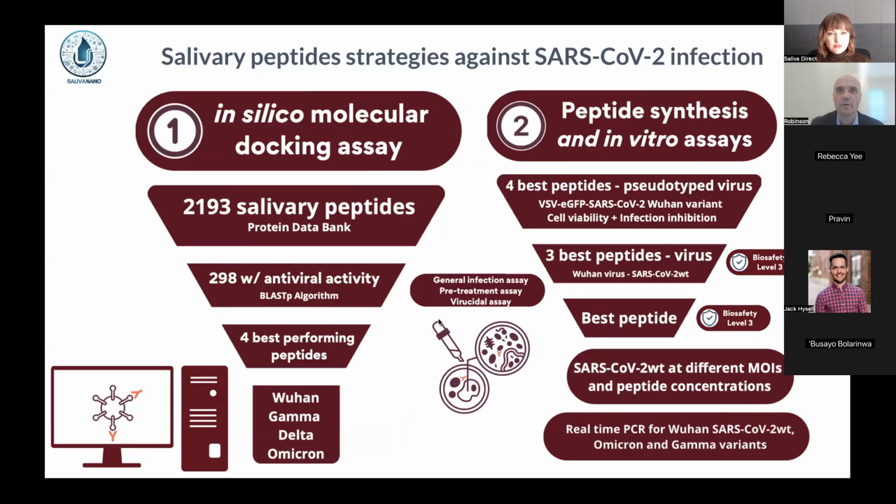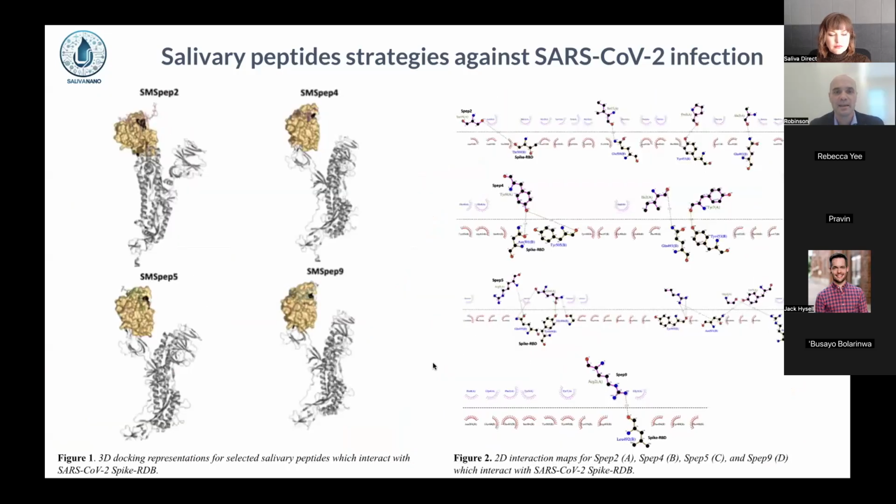We selected the 4 peptides with the highest binding energy, and their antiviral capacity was tested in BSL-3 labs against Wuhan, Gamma, and Omicron variants. Here we can see the 2D and 3D docking representation. In gold, we have the SARS-CoV-2, and we also have the peptides to show the connection.